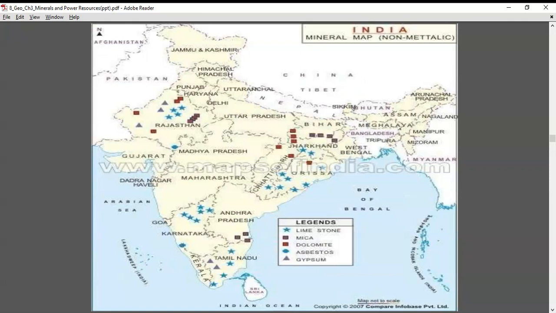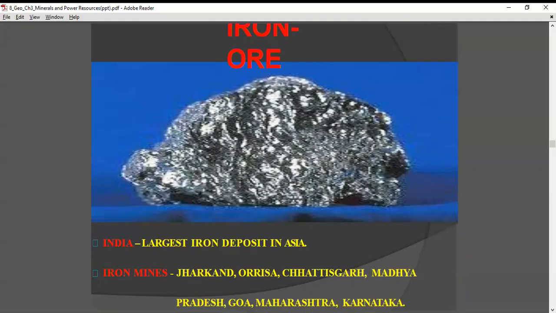Non-metallic, we have limestone, mica, dolomite, asbestos, and gypsum. These are the non-metallic minerals which we find in different parts of India. Iron ore is one of the largest deposits in Asia, and in India that's the largest quantity of iron ore which is found.